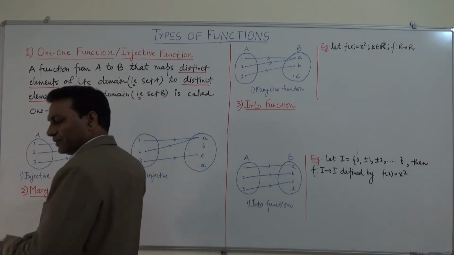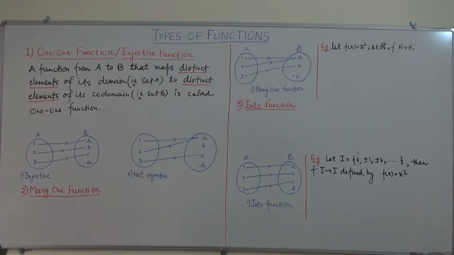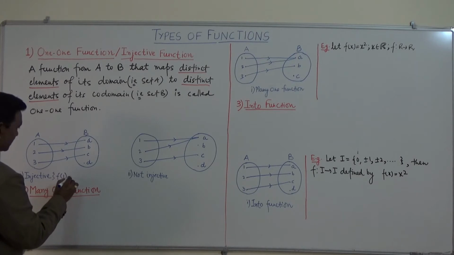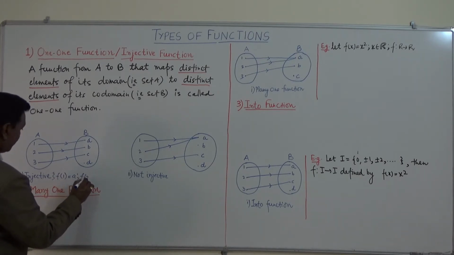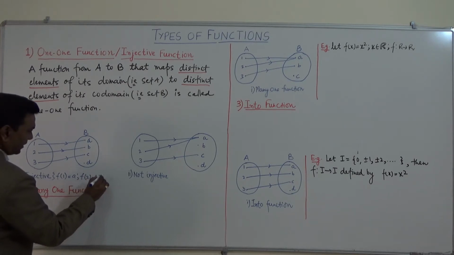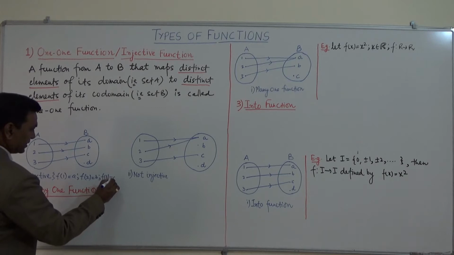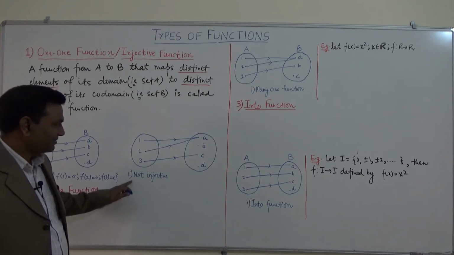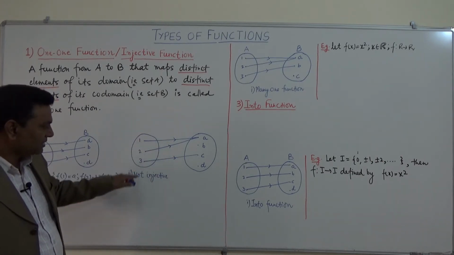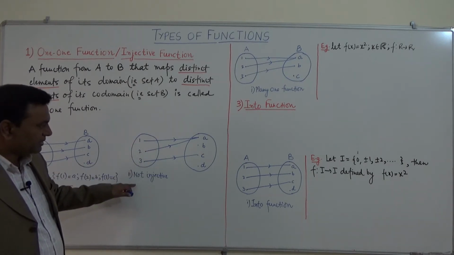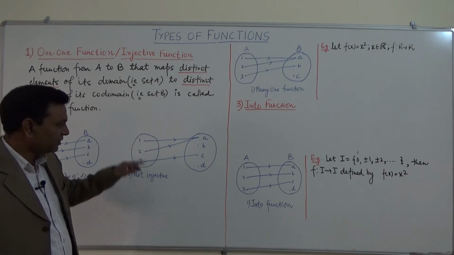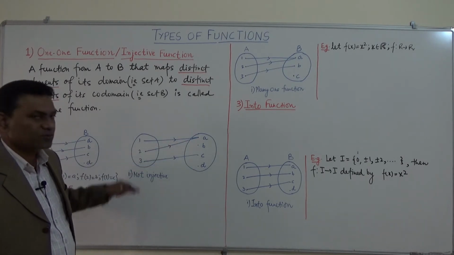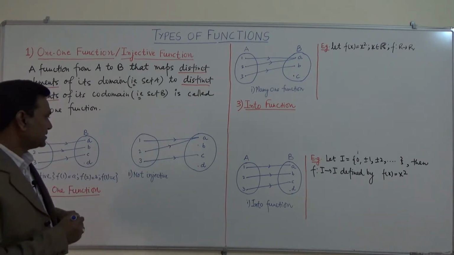So we can say this is injective, as F1 is A, F2 is B and F3 is C. But in this figure 2, this is not injective, because these elements are distinct, but 2 elements, that is 1 and 2, have the same image, that is A. So A is the image of 1 as well as 2.